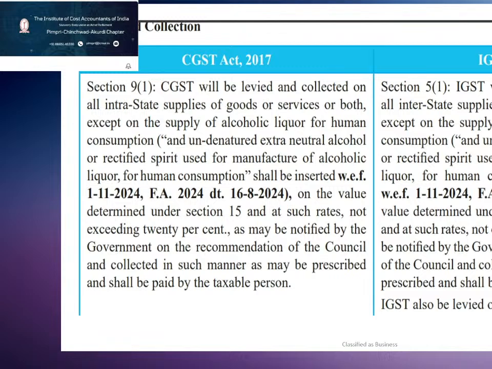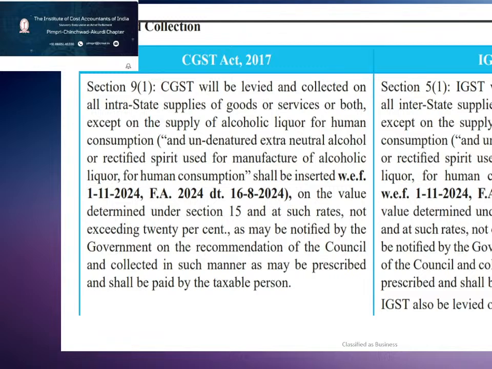Okay, sorry, I thought I was audible. Sure, no problem. So we'll just summarize what I have told earlier. We have been seeing these concepts in the last 2-3 classes, like section 7, the meaning and scope of supply, the taxability of composite and mixed supplies, and the other important 3 schedules.